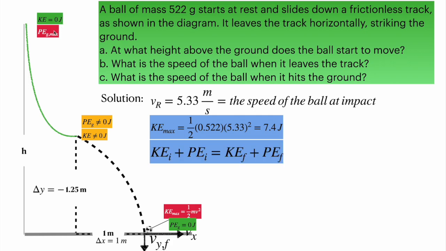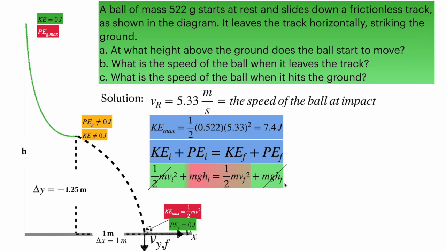With equations, we can think of the equation of the conservation of mechanical energy: kinetic energy initial plus potential energy initial equals kinetic energy final plus potential energy final. If you want to write what they are equal to, kinetic energy is half m v initial squared plus m g h initial equals half m v final squared plus m g h final.